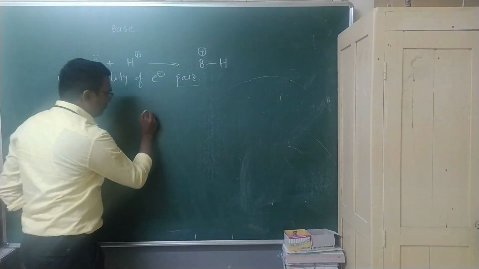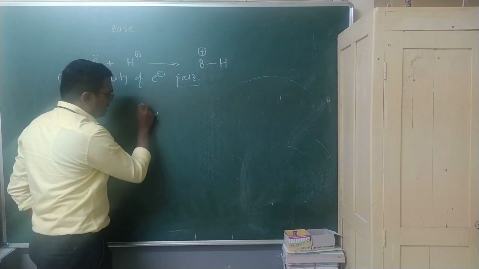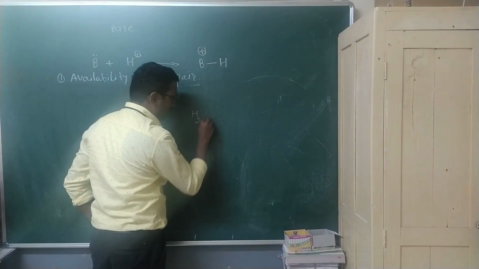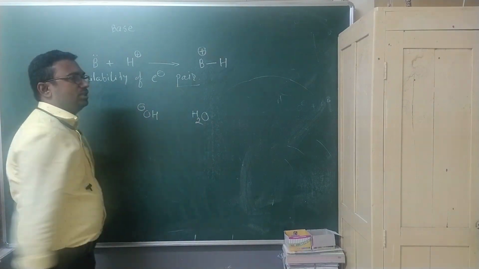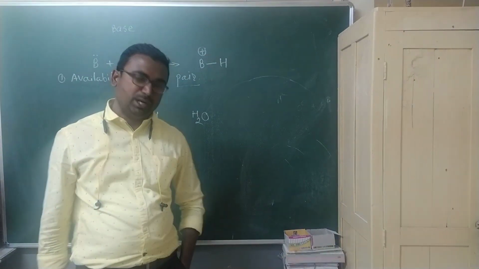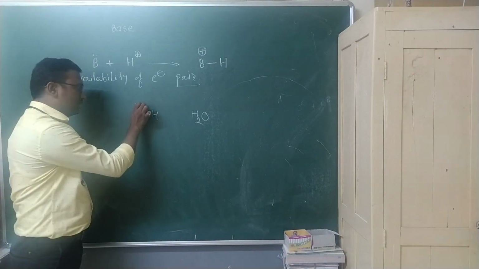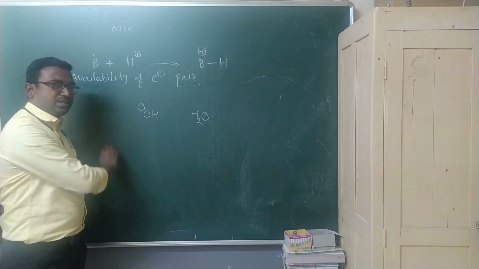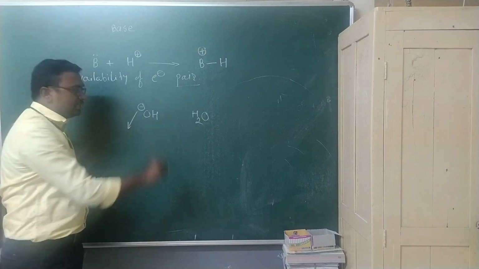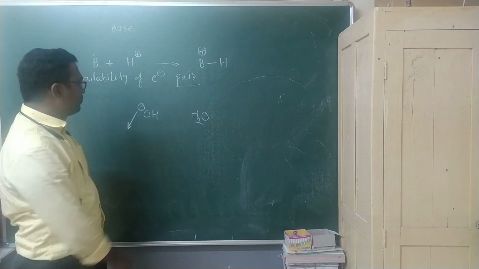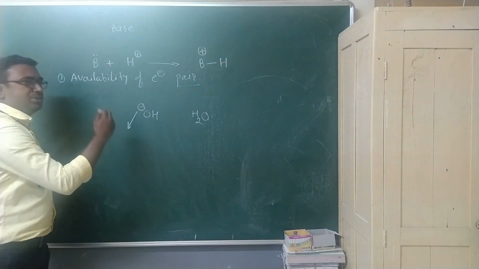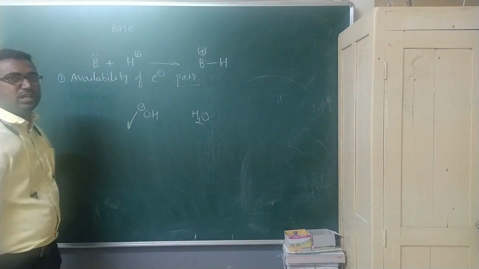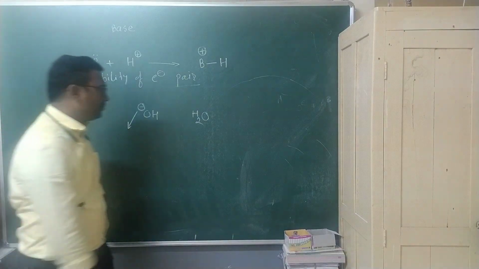For example, I have OH minus and I have the H2O molecule. Here both oxygens act as a base, but one oxygen, the hydroxyl ion, has a minus charge. This minus charge is easily available for the acceptance of H plus ion and the donation of the minus charge to any electrophilic molecule.